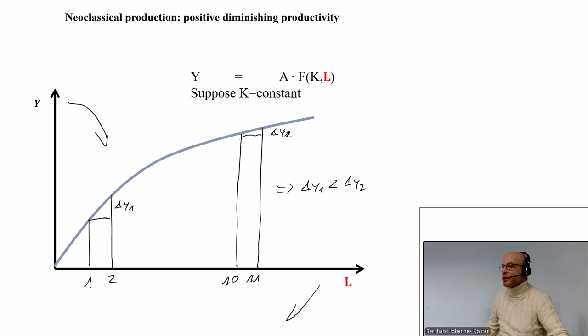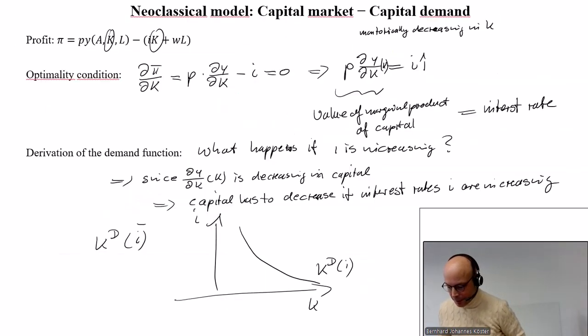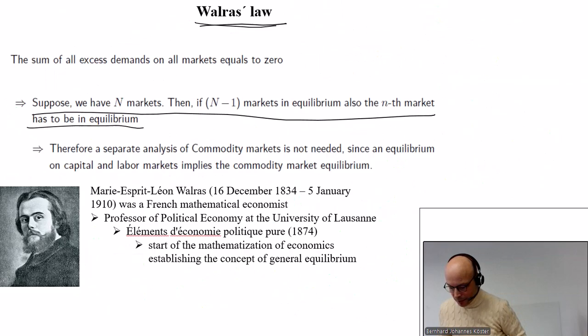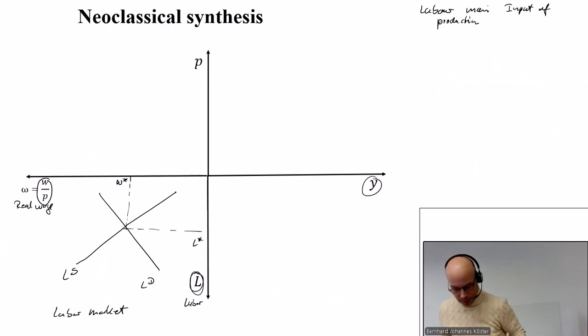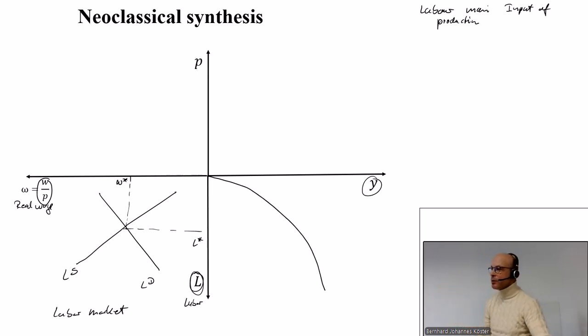And this, of course, then means that we also have to turn the graph of the production function 90 degrees to the right. So then, this would be our production function. Okay? The standard diagram, just turning 90 degrees to the right.